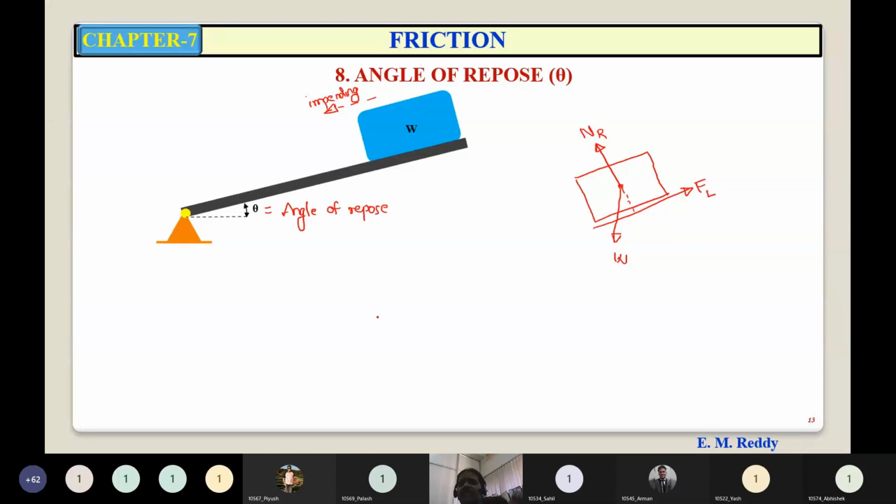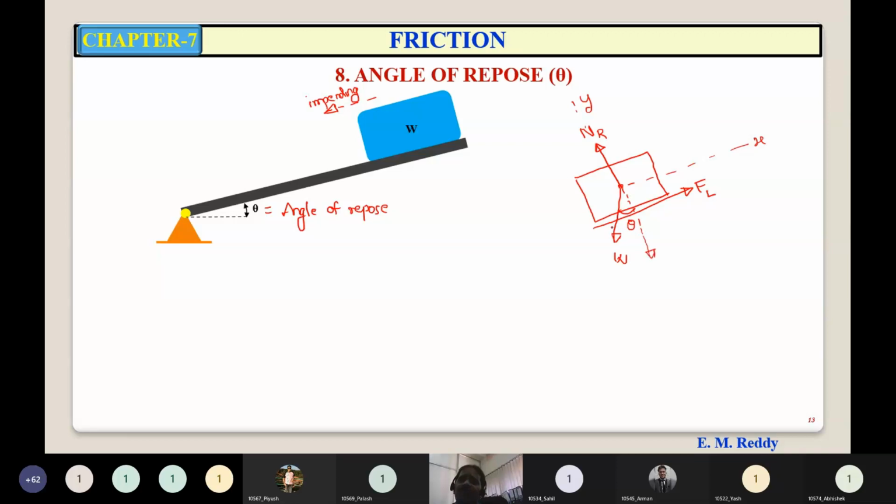And this body is in equilibrium or not? Of course, it is in equilibrium. It is in limiting equilibrium, about to move, but not moving. So applying the conditions of equilibrium, taking x-axis along the plane, y-axis perpendicular to it, we'll find that this angle is theta.